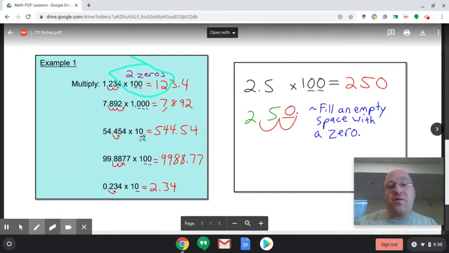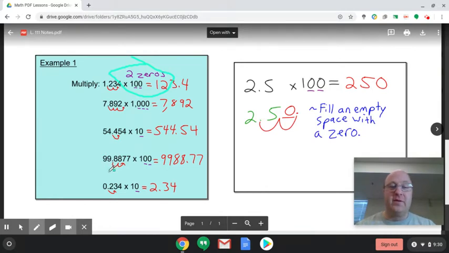It wouldn't work if we're, say, multiplying it times 20, 30, 400. This only works if you have a 1 followed by zeros. So again, in this case, we have 1 0. We move the decimal over one spot. Again, move it to the right because we need a bigger product. Or more multiplying, we're going to get a bigger answer.